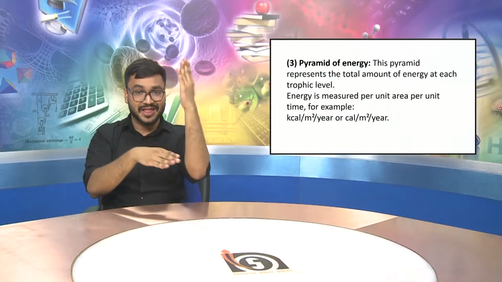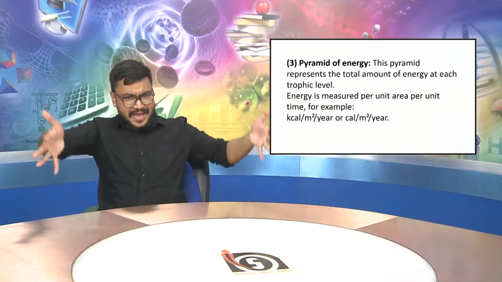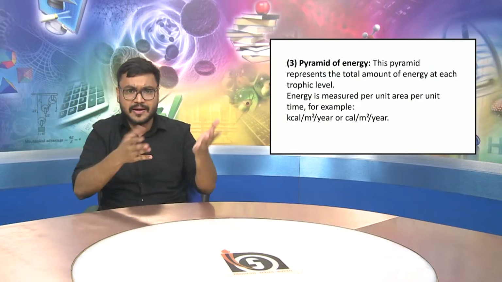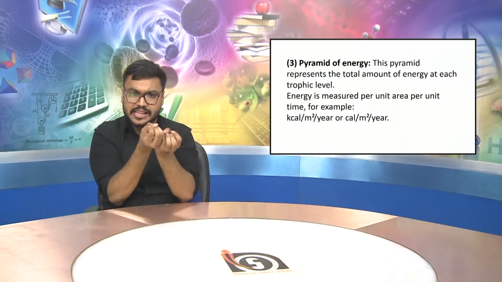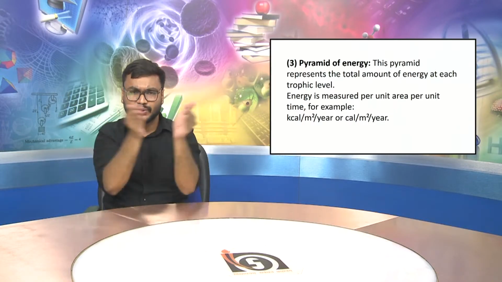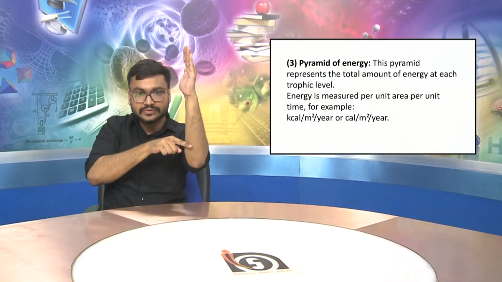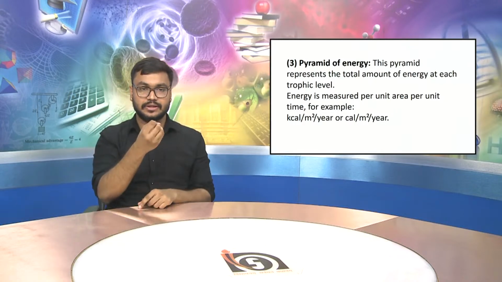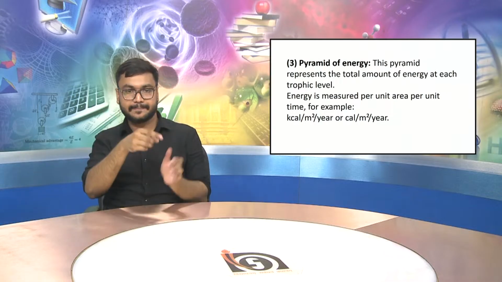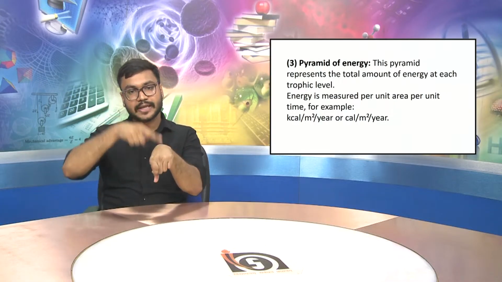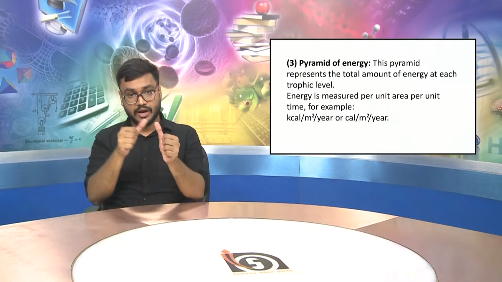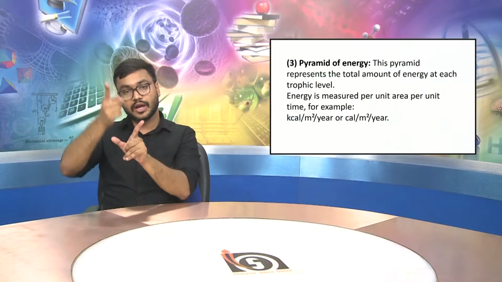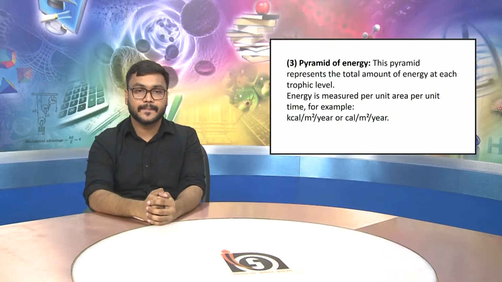This pyramid represents the total amount of energy at each trophic level. Energy is measured per unit area, per unit time. For example, kcal per area per year or cal per area per year.